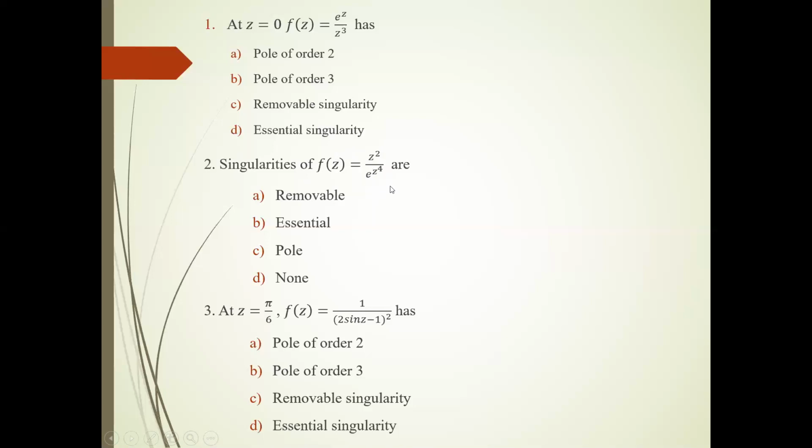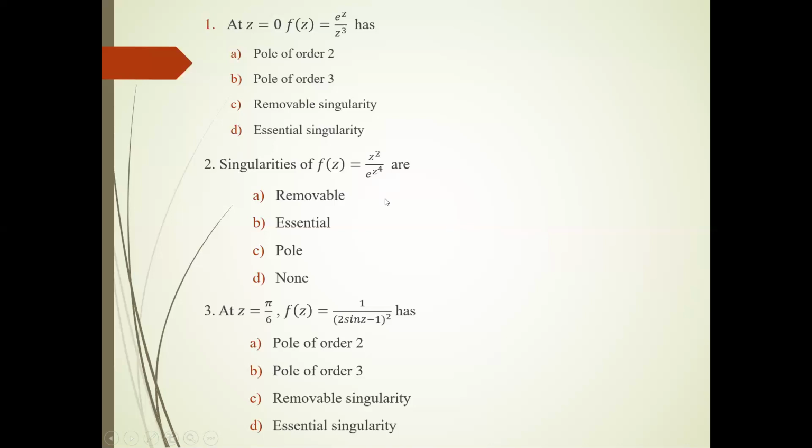If we equate it to 0, which is impossible for any value of z, that may be real or complex values. So this function e raised to z raised to 4 is never 0 for any real or complex values. It is never 0. So this function has no singular point.